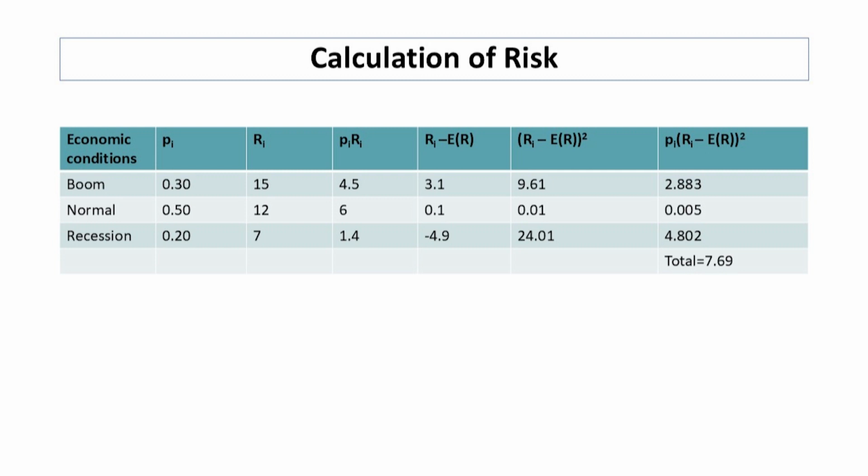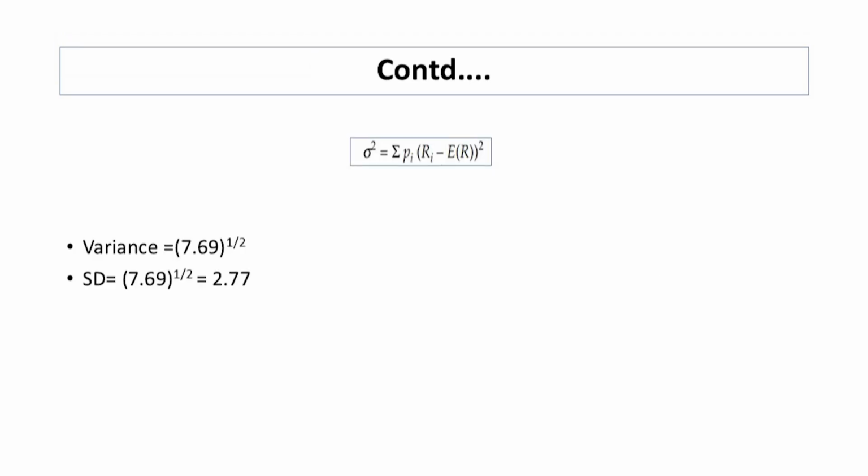So the variance is 7.69. Taking the square root of this variance, we get 2.77 as the standard deviation. For the second example, check the value of variance and compare it with the return. For ABC company, the return is this and the standard deviation is 2.77.